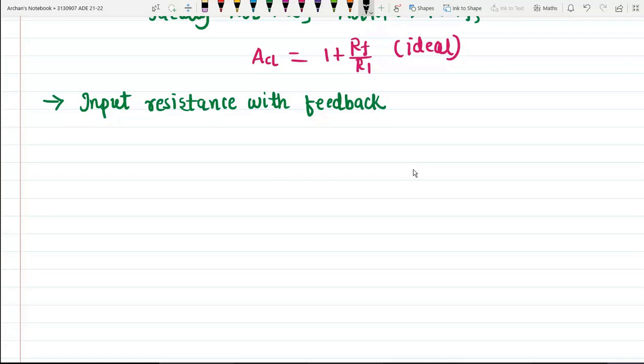So we have two terminals, one is the non-inverting terminal and another is the inverting terminal. In between we will have some input resistance, let us say R in. This is the internal part of the triangle.